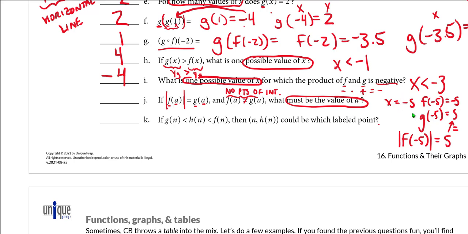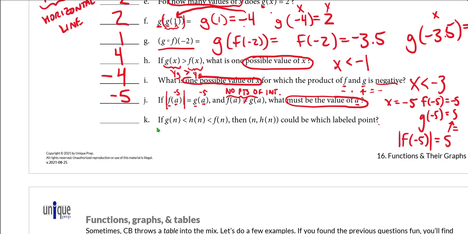So it is at that -5 value that the absolute value of the f function equals the g function, which means that a, which again is an x value, must be -5. a must equal -5, and if it does, then the absolute value of the f function at that point will equal the g function at that point.